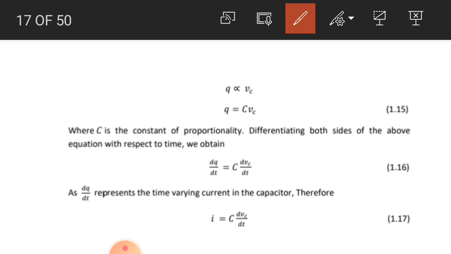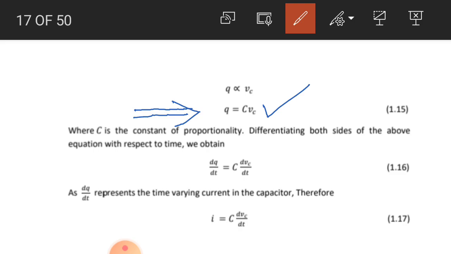The constant of proportionality in this particular case is the capacitance of this passive circuit element, which is represented by C, and we know that the unit of the capacitance is farad. So the charge on the plates of the capacitor will be equal to CVC.